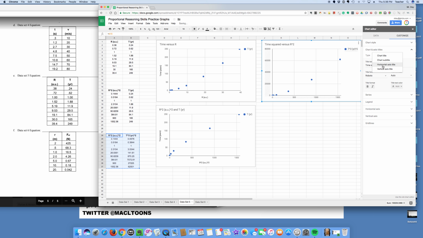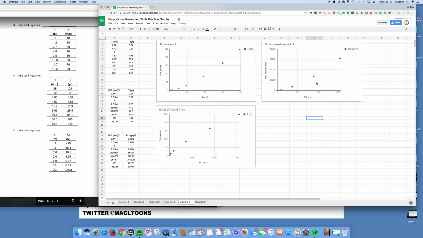All right, so the horizontal axis is R squared, which means it's AU squared. All right, the vertical axis is time squared now, right? So that's years squared. And that's not linear.